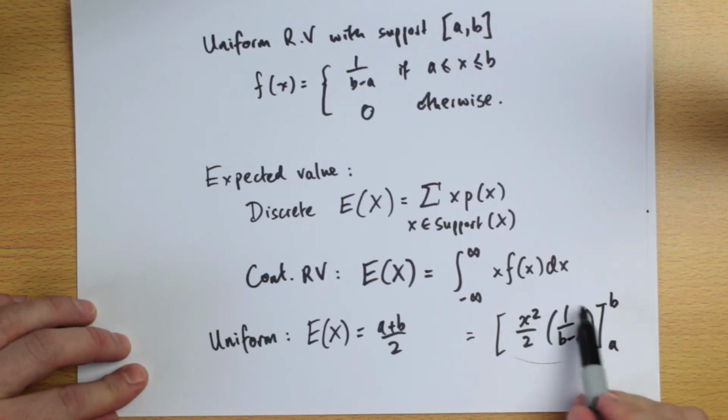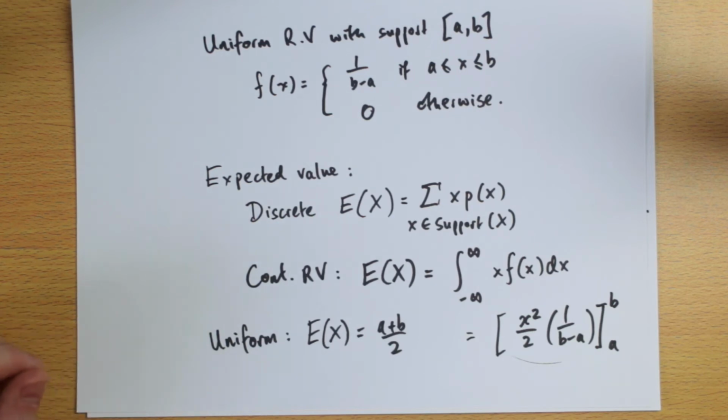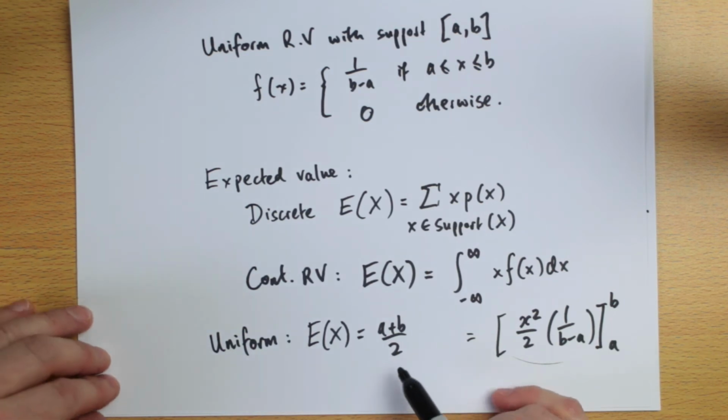So I take this expression, evaluate it at b, evaluate it at a, and then deduct the second from the first. And if you do that, you'll get that this is the expected value for a uniformly distributed random variable.